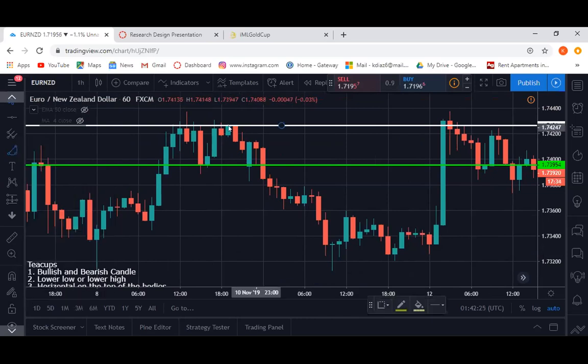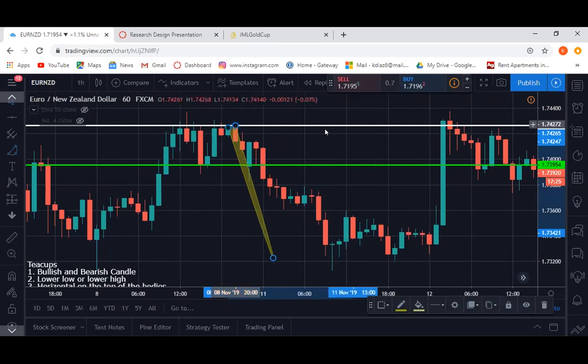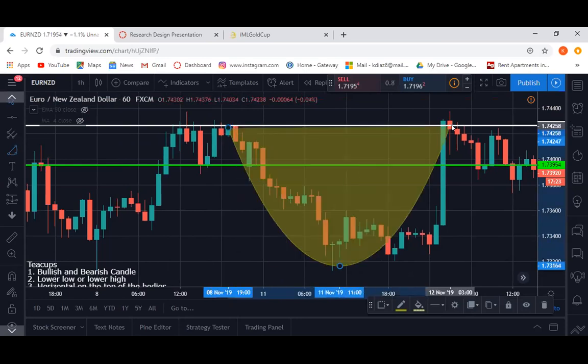So the reason it's called a teacup is because if my entry is right here at that white line, I'm expecting the market to come back around and form a cup shape. So it's kind of like this little arc right here to follow this shape, come back up, and then go back down.